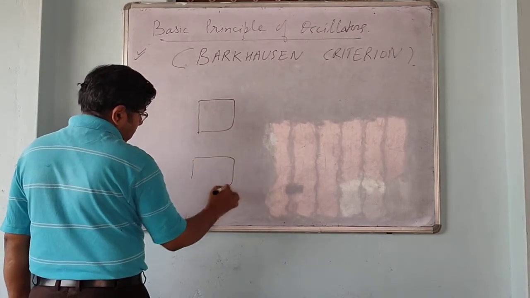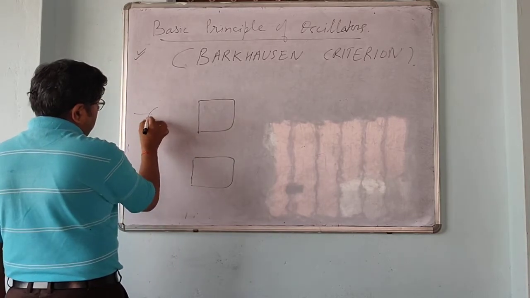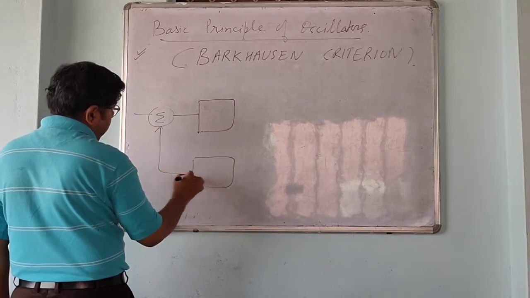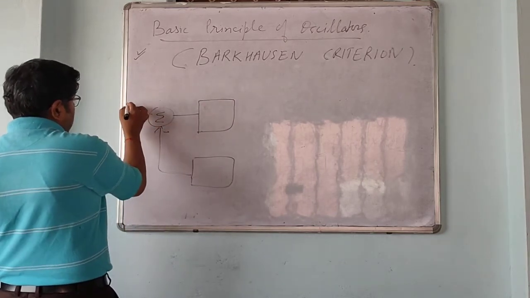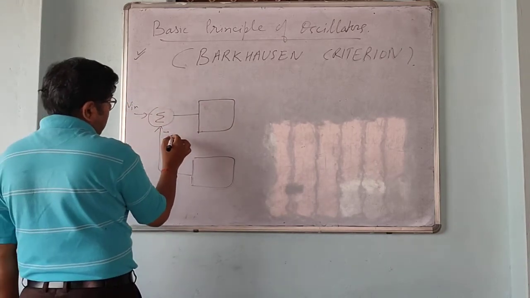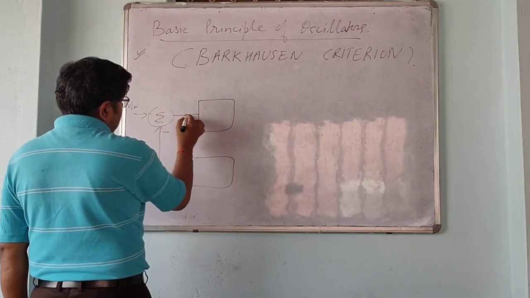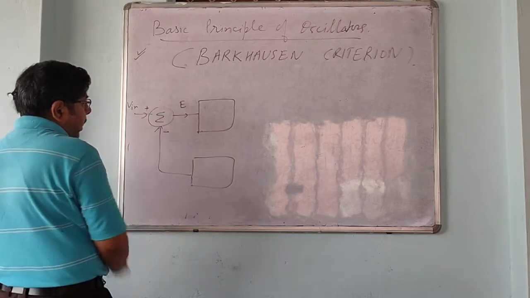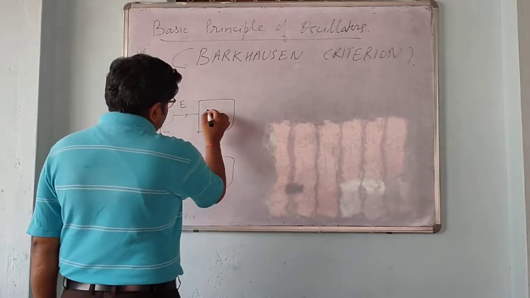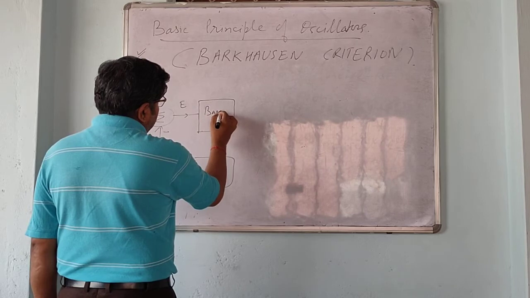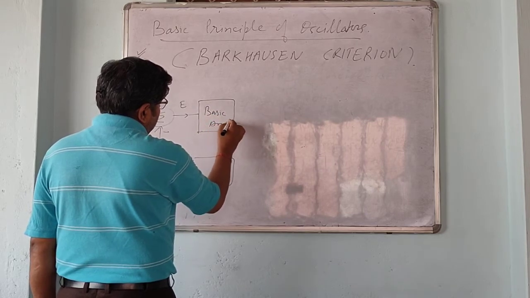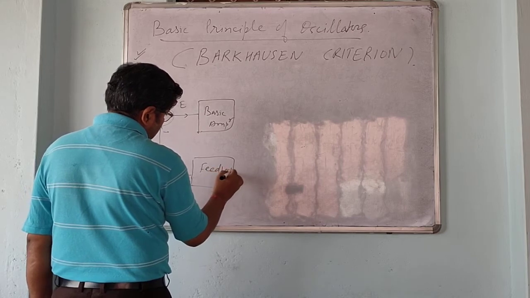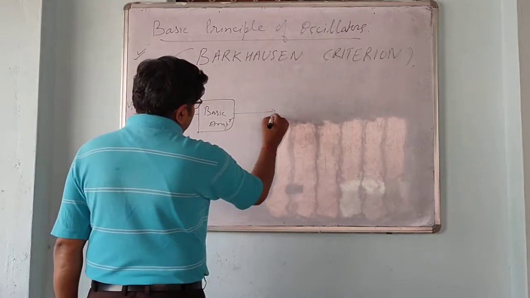Suppose here we are using a sum with negative feedback. Here input is given and this is the suppose error signal, here plus minus. Basic amplifier, feedback and output.